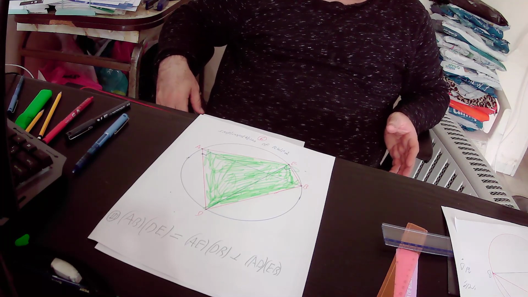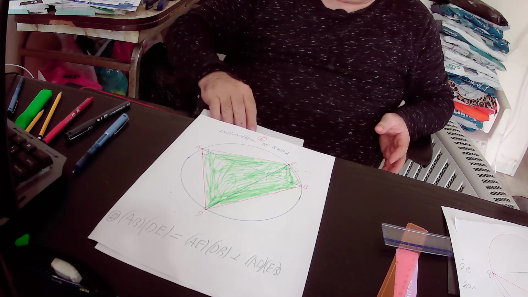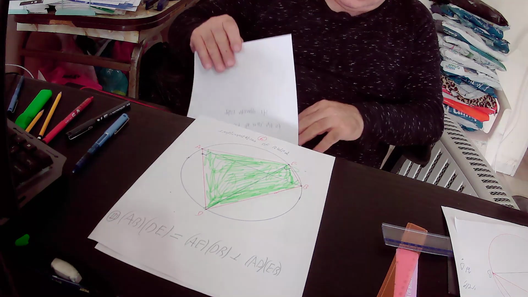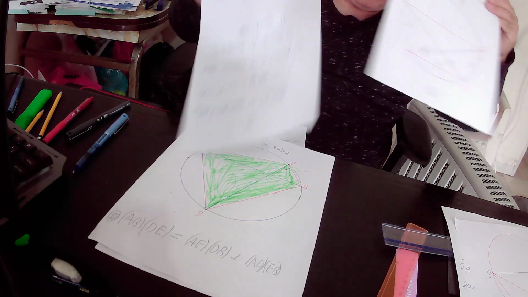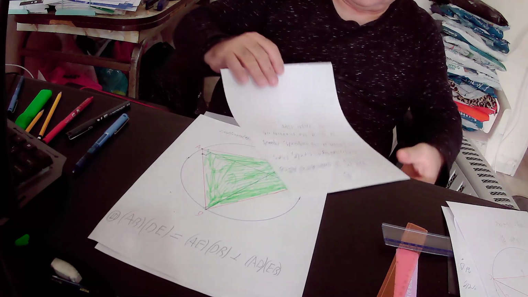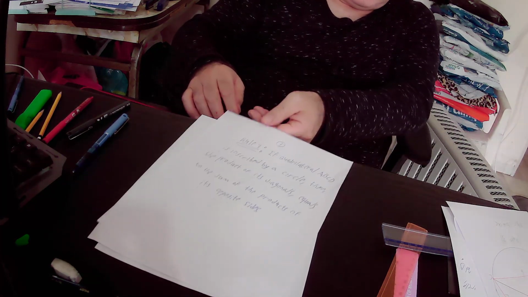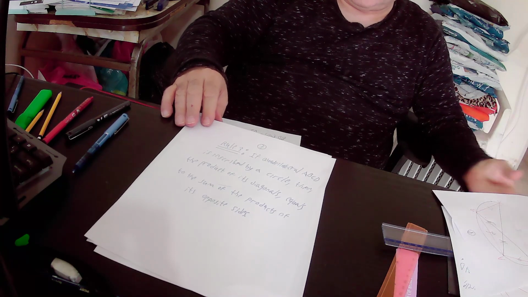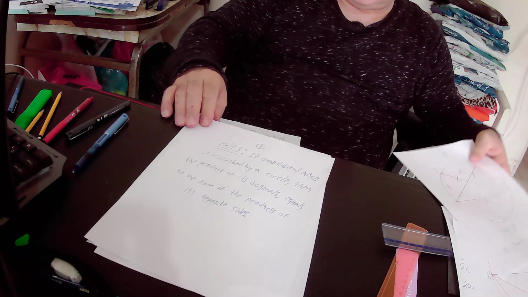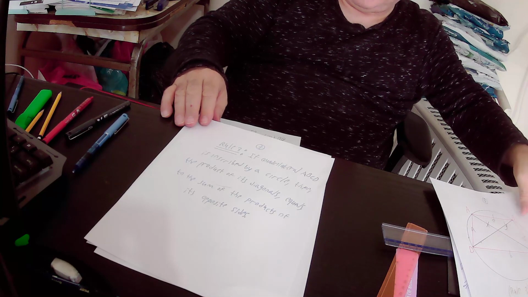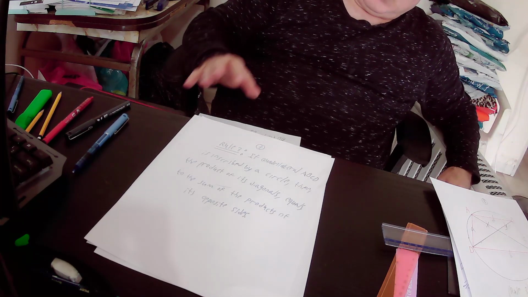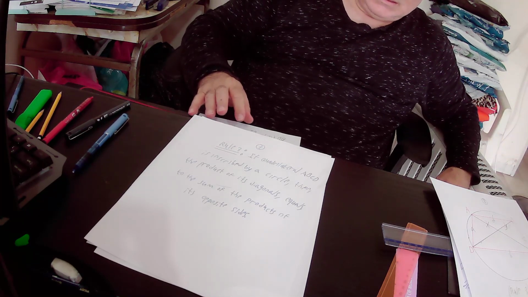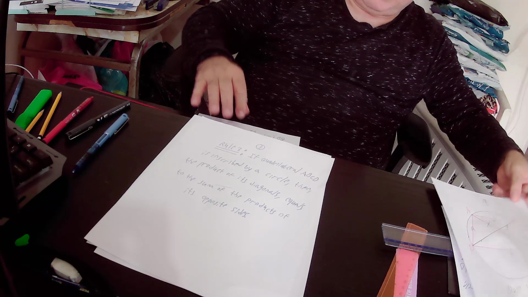Then I presented to you rule number 3. Rule number 3 states that if quadrilateral ABCD is inscribed by a circle, then the product of its diagonals equals the sum of the products of its opposite sides. So what is the meaning of rule number 3?